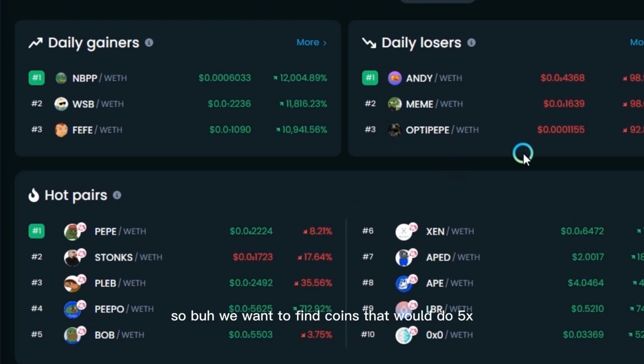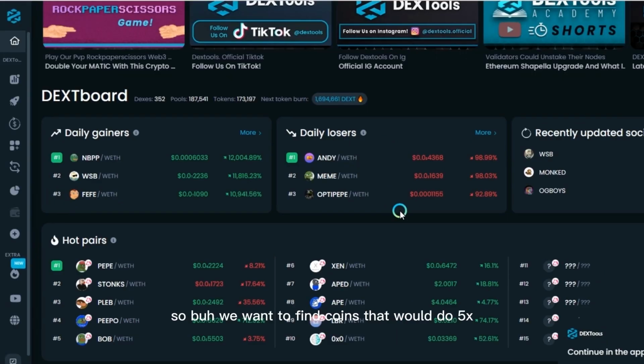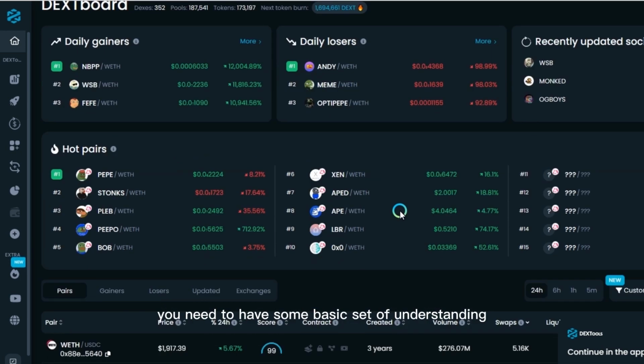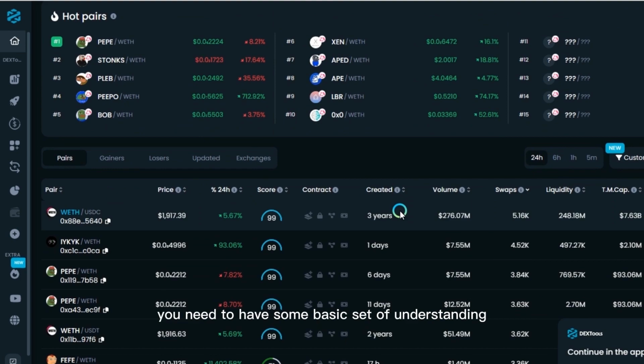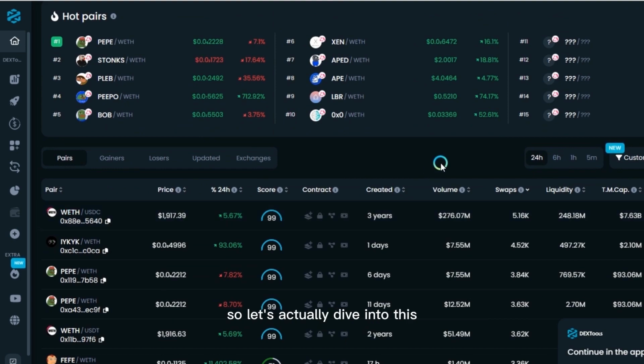But we want to find coins that will do 5x, 10x, 100x, 1000x possibly. In looking for such coins or projects, you need to have some basic understanding, so let's dive into this.